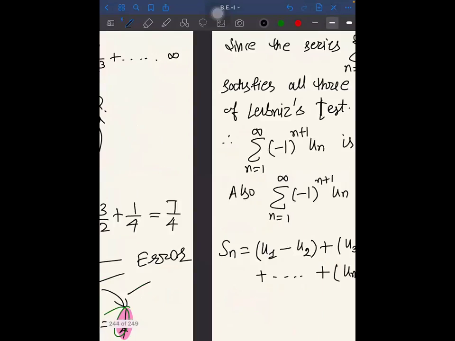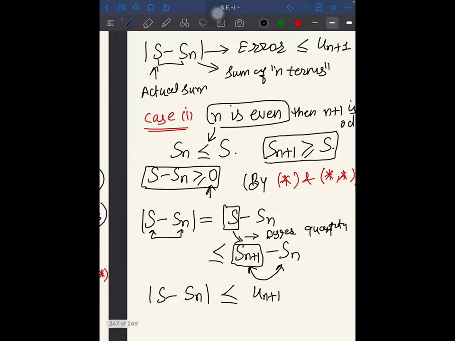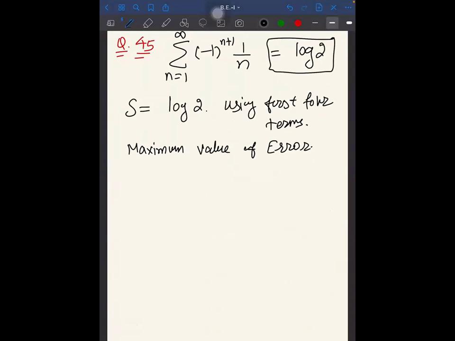1 by 5. The fifth term, that's it. What can the maximum value be? The fifth term, right? So you know that your error in this case, this is your error, S minus S4, and this is always less than or equal to T5.